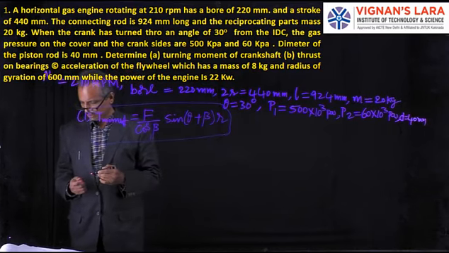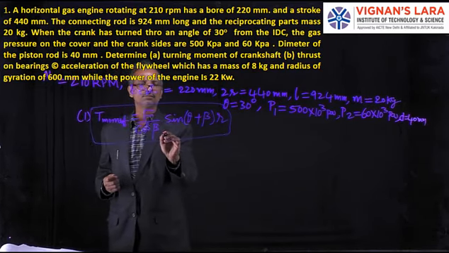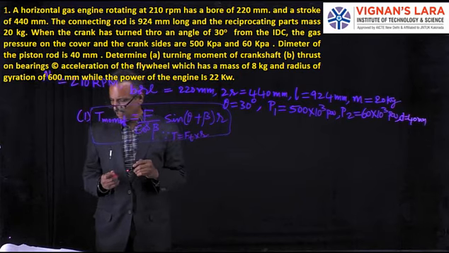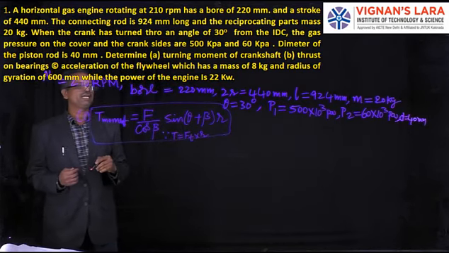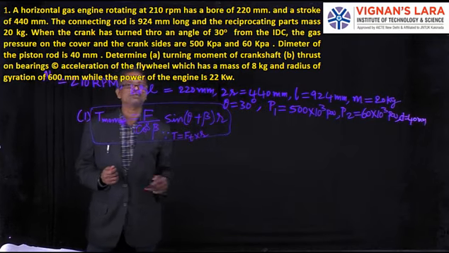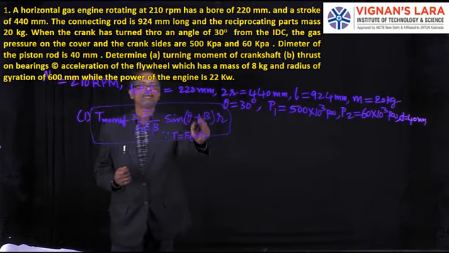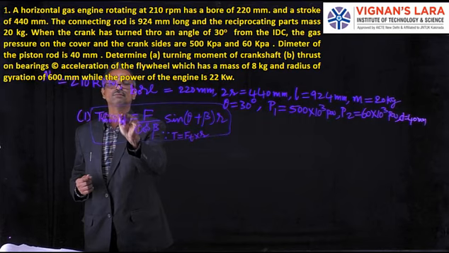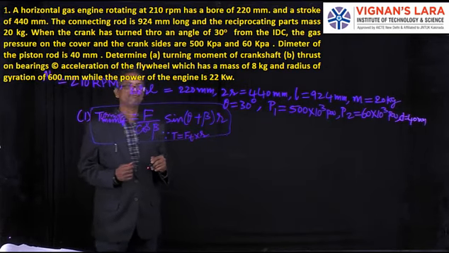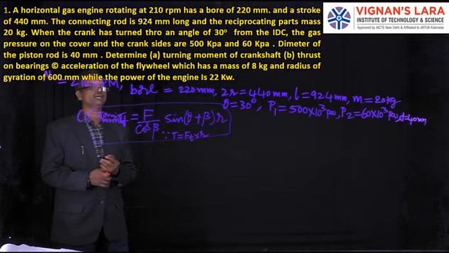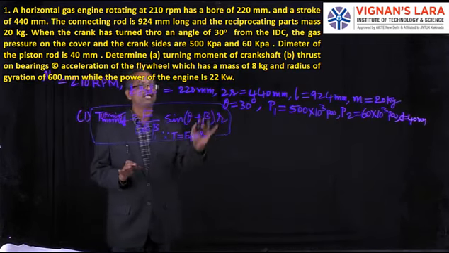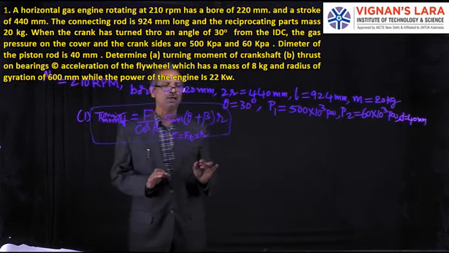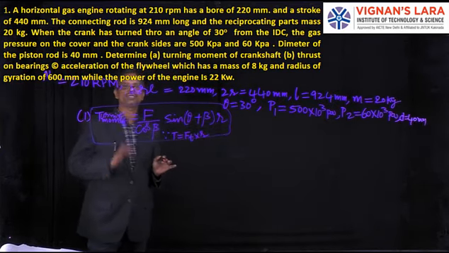That is nothing but turning moment T is equal to Ft into R, and Ft is F by cos beta into sin of theta plus beta, multiplied by R. So what I need here: I have only theta and R, and I don't have F and beta. So these values I first have to get to substitute in this equation.